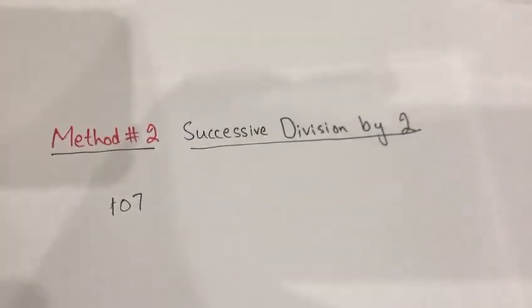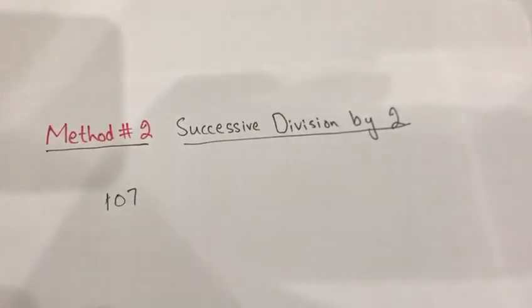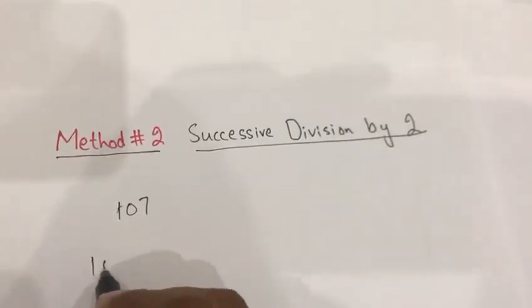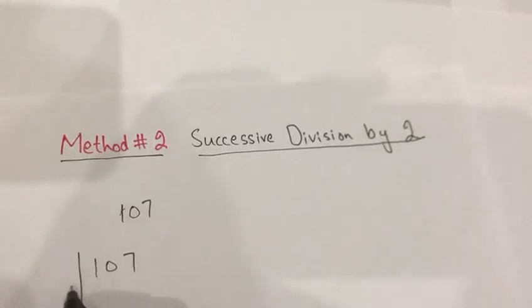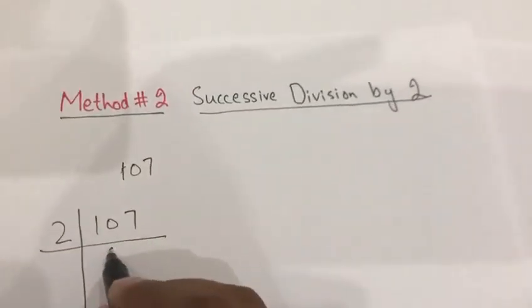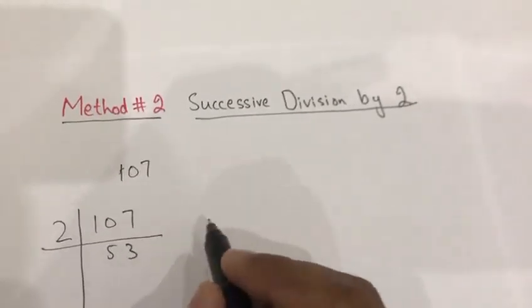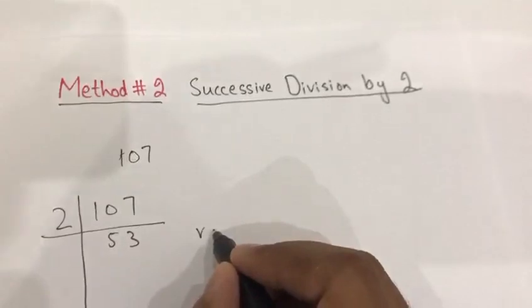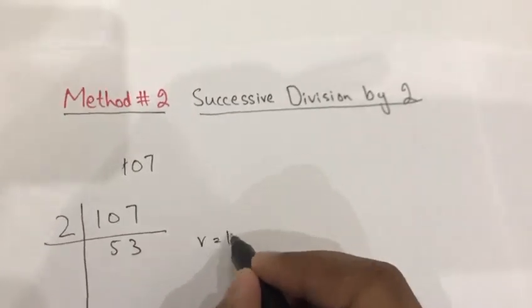We will divide it by 2 until the quotient is 0. So 107 divided by 2 is 53, and R, which represents the remainder, is 1.